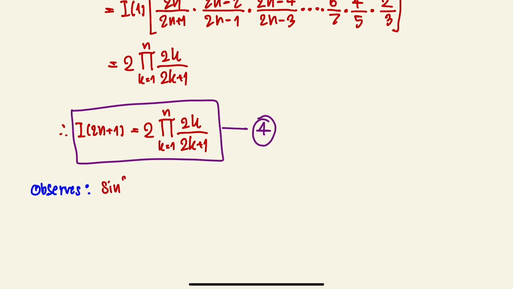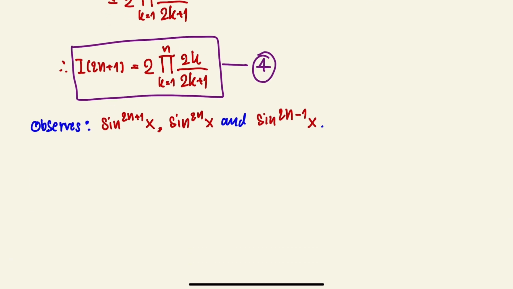So we have sine raised to the 2n plus 1 x, and we observe sine to the 2n x and sine raised to the power of 2n minus 1 x. We know that sine is greater than or equal to 0 and less than or equal to 1 for x greater than or equal to 0, less than or equal to pi.